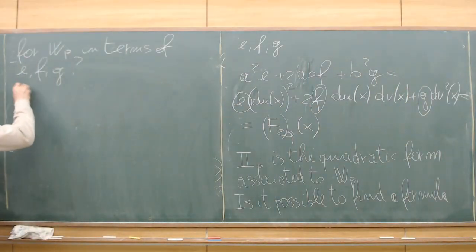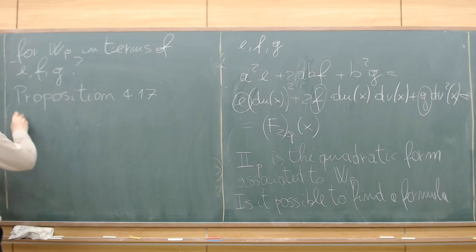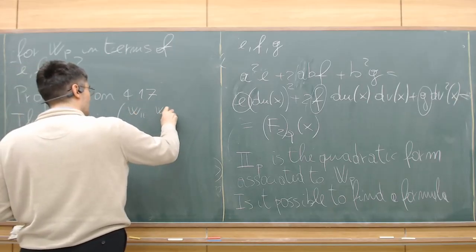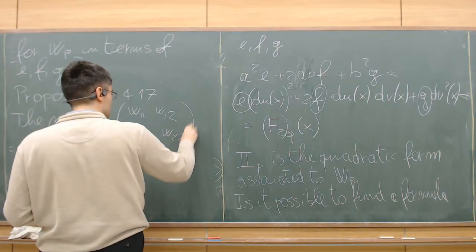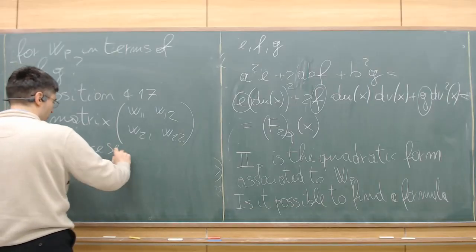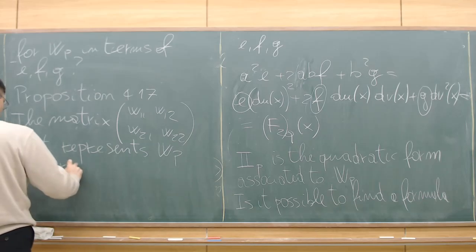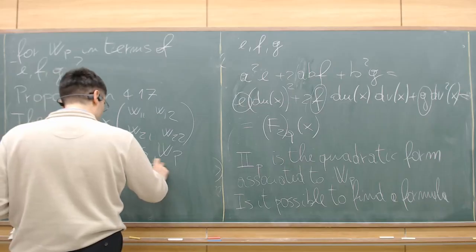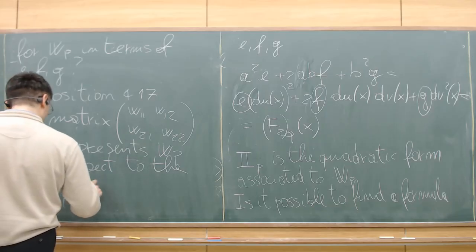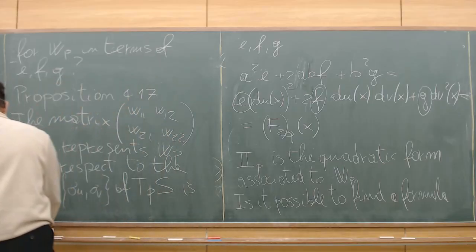The answer is provided by proposition 4.17, which says that the matrix whose entries are W11, W12, W21, W22, that represents WP with respect to the basis sigma U, sigma V of TPS, is given by this formula.